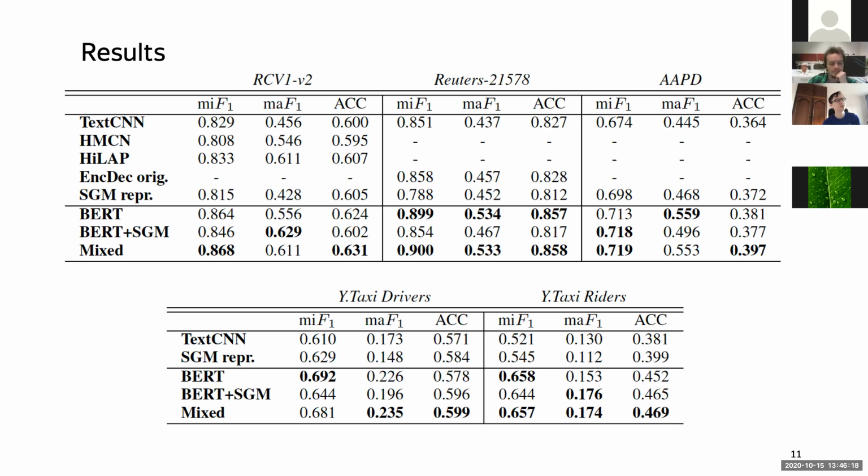In this table, the metric is marked as bold if it's statistically significant, so if there is a statistically significant difference with other metrics in the same category.